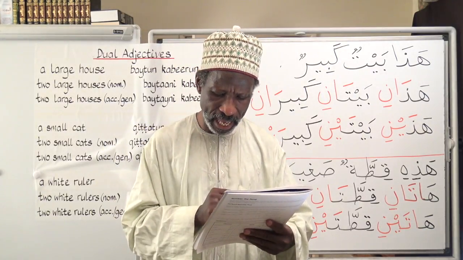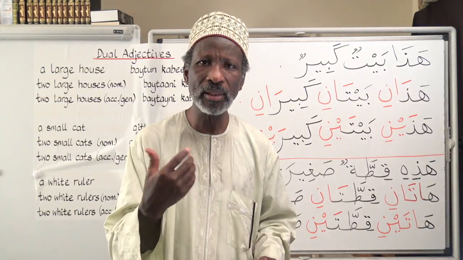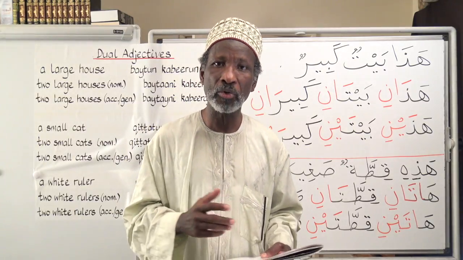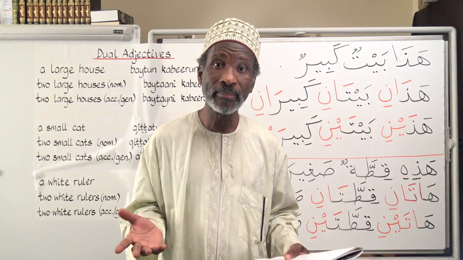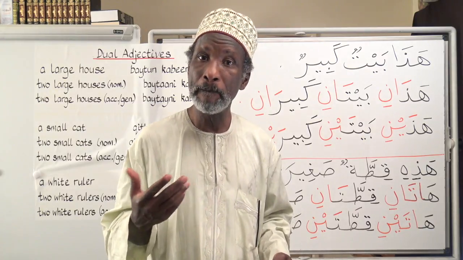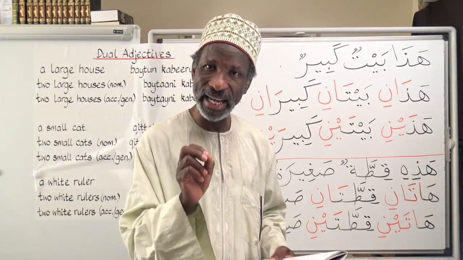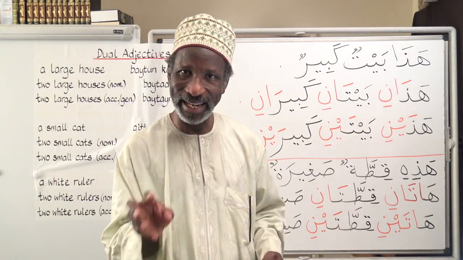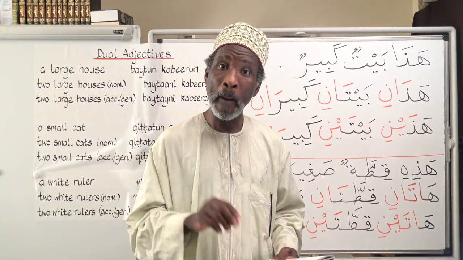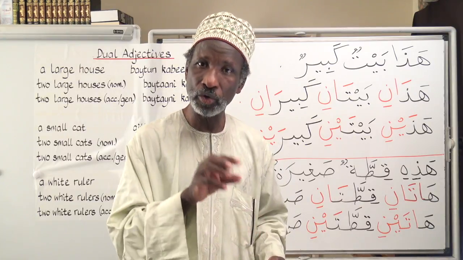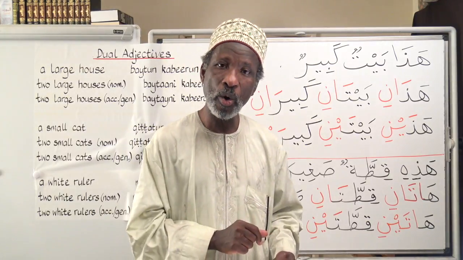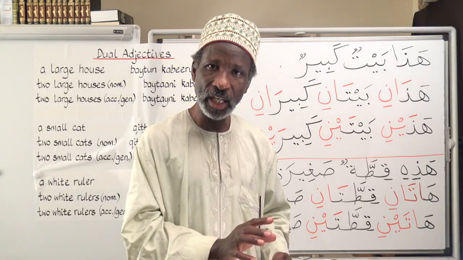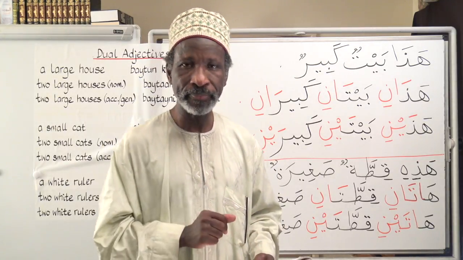Next is a small girl. What is a girl in Arabic? Can you remember? A girl is bintun. So you say bintun صغيرة. So your adjective will be feminine as well. And dual bintani صغيرتان or bintaini صغيرتين.